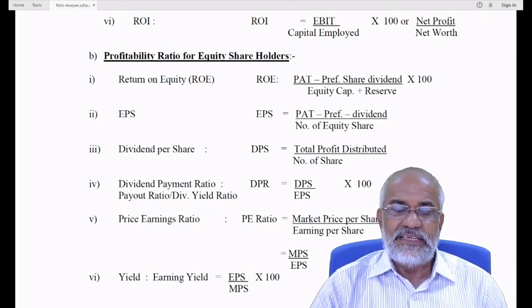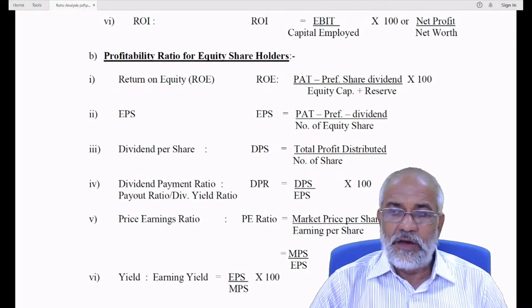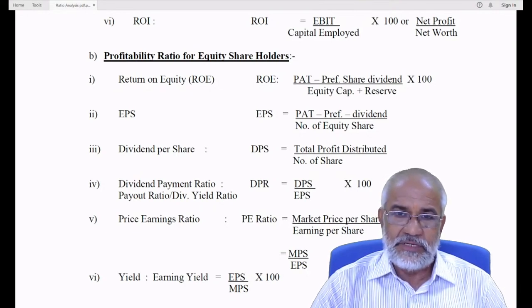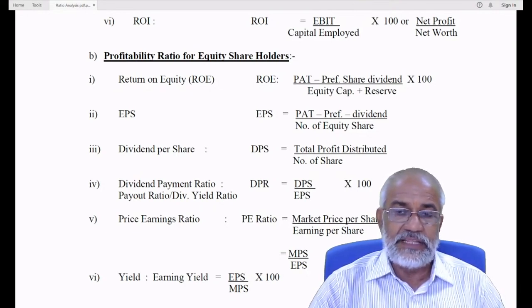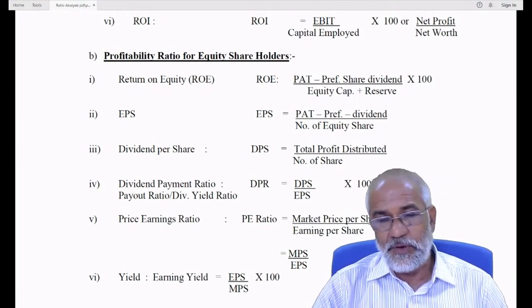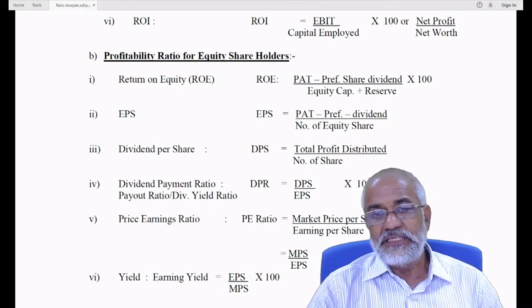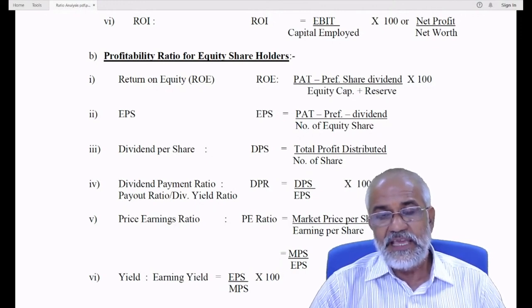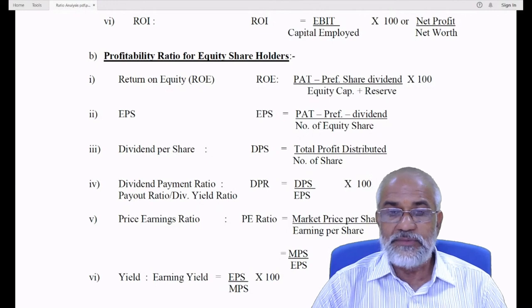So that is the segregation. The return on equity is segregated into three components. The first one is the profitability, the second one is the turnover or the efficiency, and the third one is the equity multiplier.